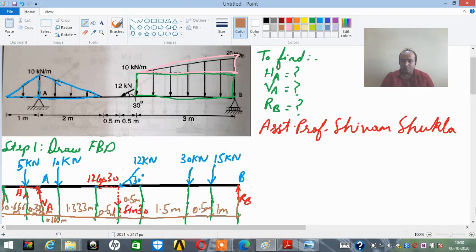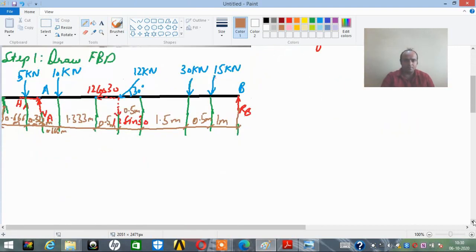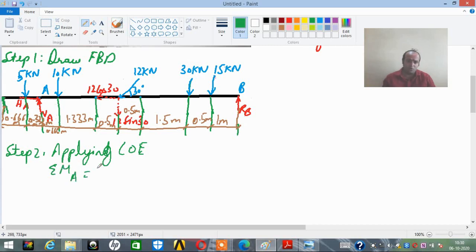Step 2, applying conditions of equilibrium, COE. The first condition that we always apply is summation of moment about a point is equal to 0, with clockwise sense as positive. Why did we apply the moment about point A? Because it consists of the maximum number of unknowns.